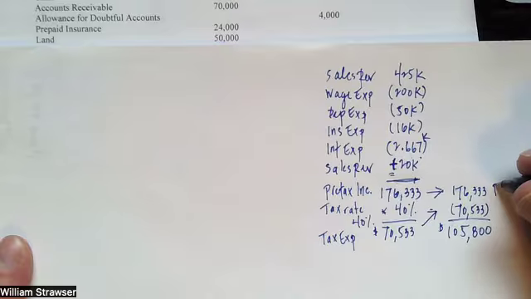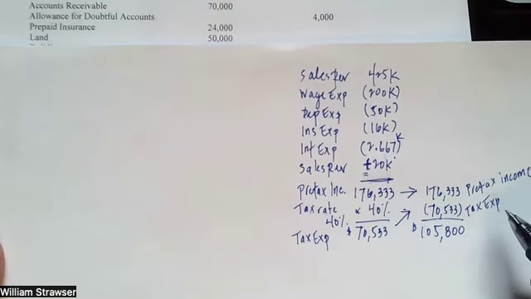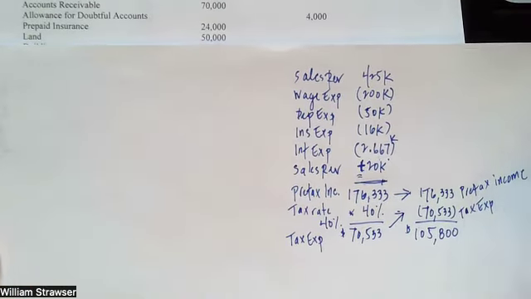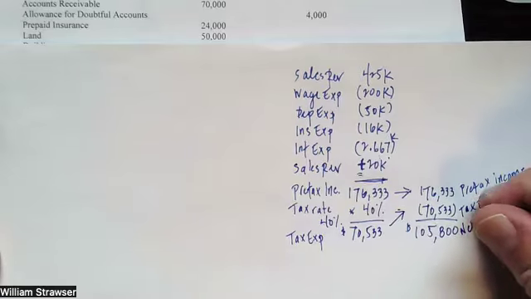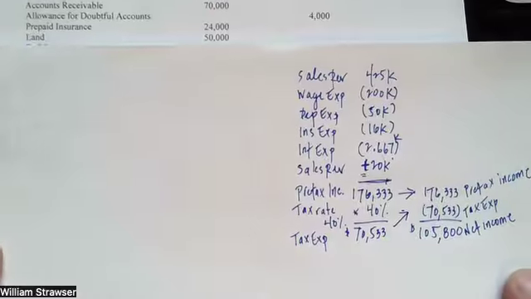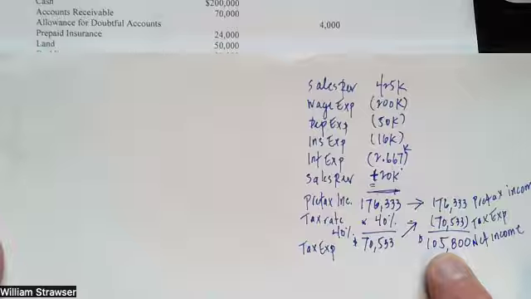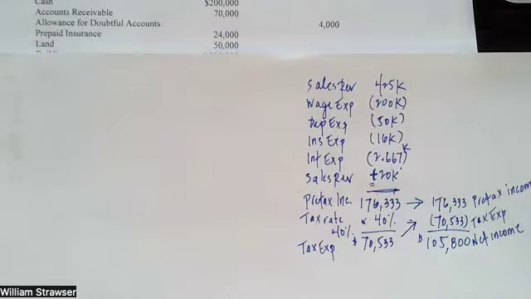Since this is pre-tax income, we're on the line of an income statement that says, okay, subtract this one more expense. This would be net income. So that's the net income of the company. Like I said, we don't need that 105,800 for the adjustment, but we'll see where it comes out again when we do the closing process.